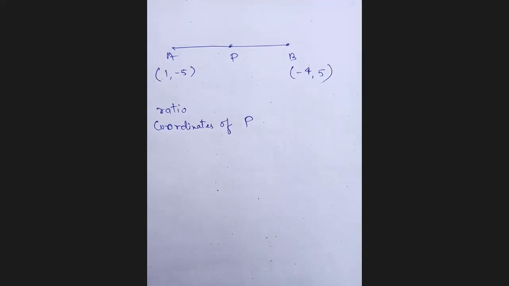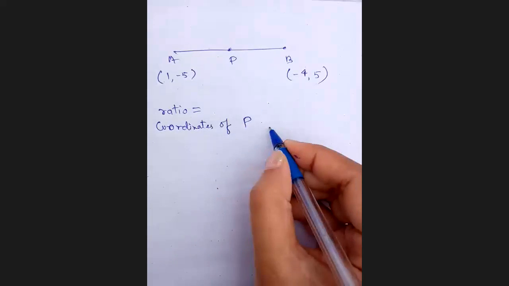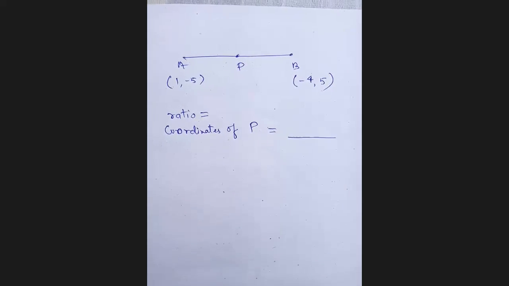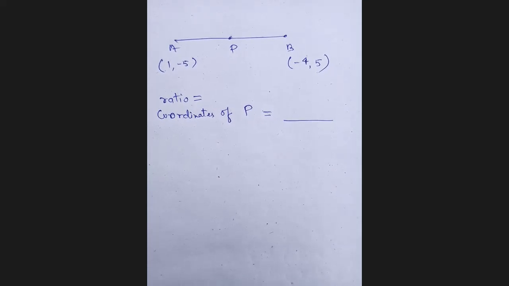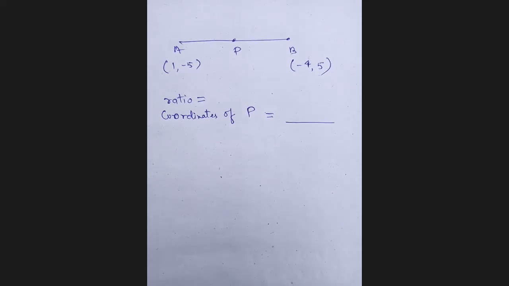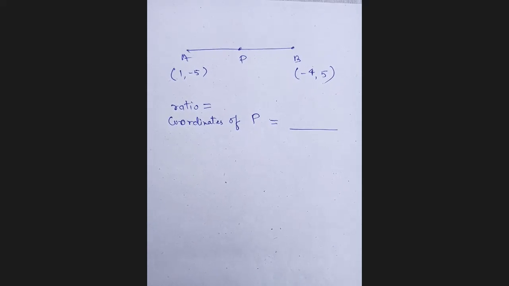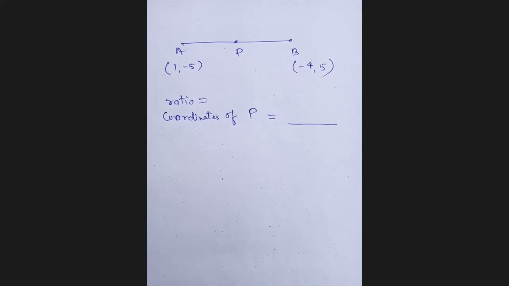Okay, so it is divided by y-axis now, not by x-axis. Now, tell me what will be the ratio and what will be your coordinates of P? I'm giving you 2 minutes for it. All of you do it in your notebook so that I can understand you understood all the concept of this question number 5.